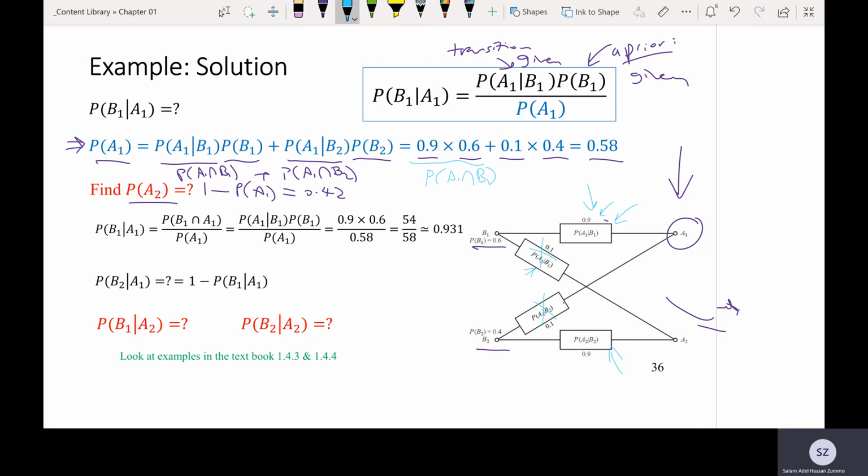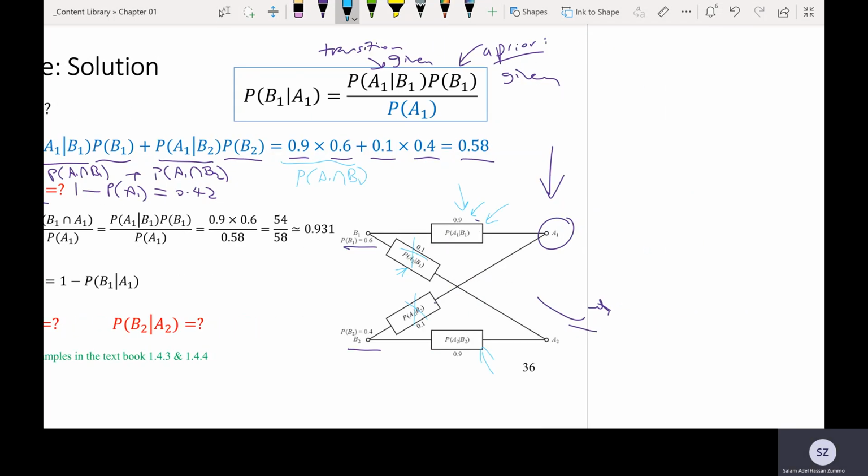You send B1. I told you that if I send B1, I receive A1 with a probability of 0.9. So what I gave you is the probability of A1 given B1 equals 0.9.